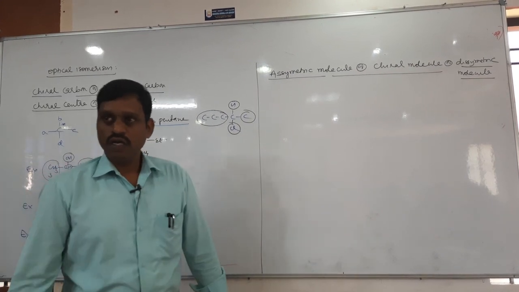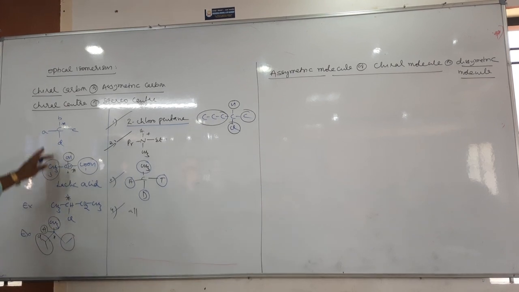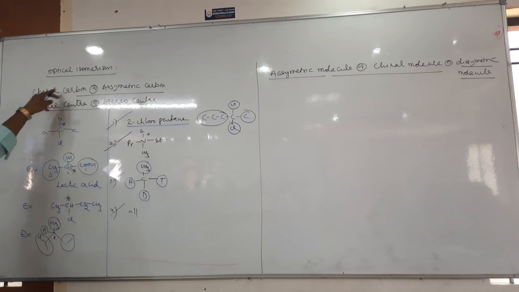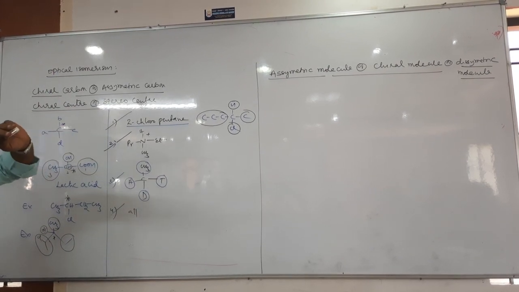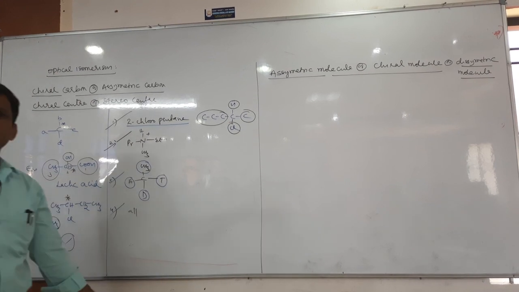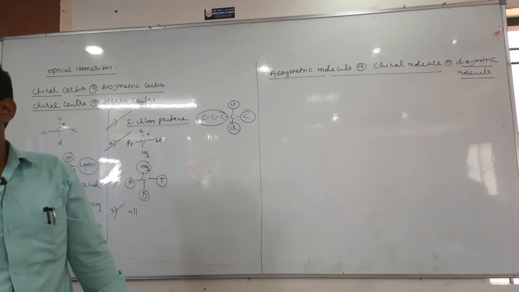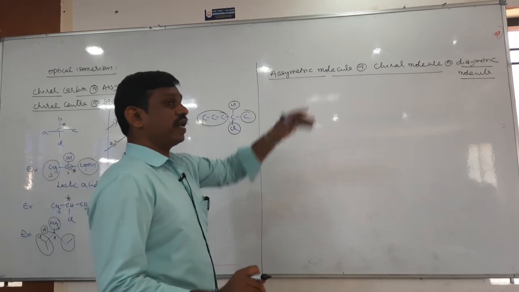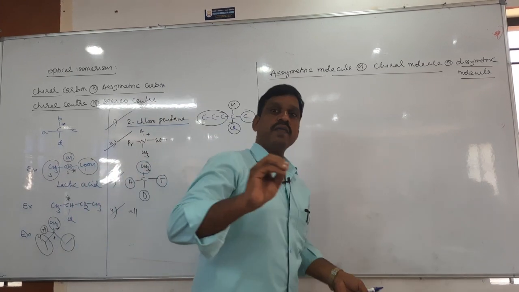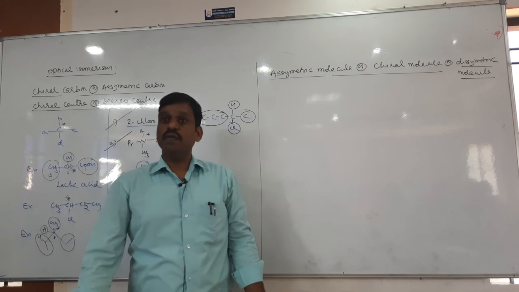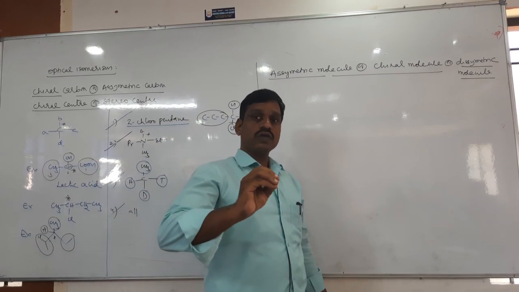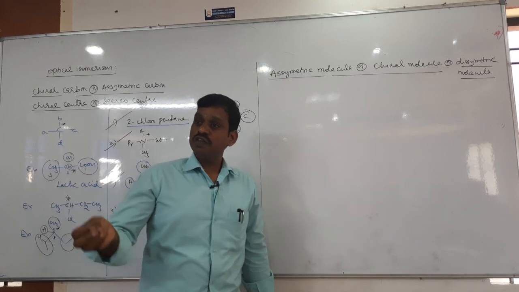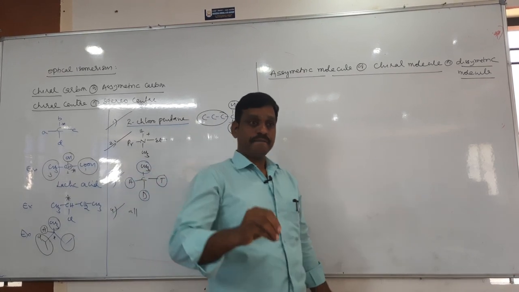Tell me. Now we have studied what is a chiral carbon or asymmetric carbon. What is a chiral carbon? The carbon atom which is attached to 4 different atoms or groups is a chiral carbon, right? Then now what is an asymmetric molecule, chiral molecule? An asymmetric or chiral molecule is the molecule which is having chirality, right?